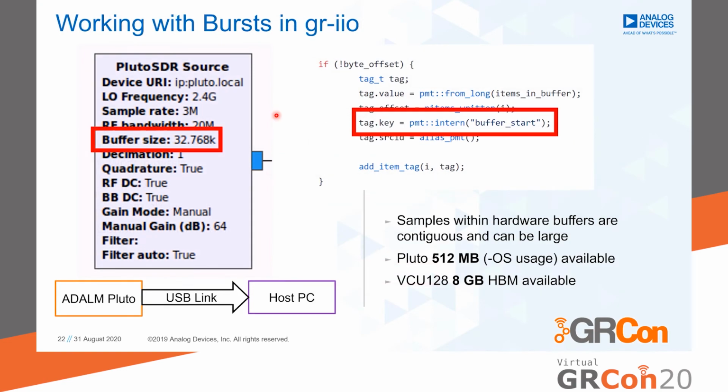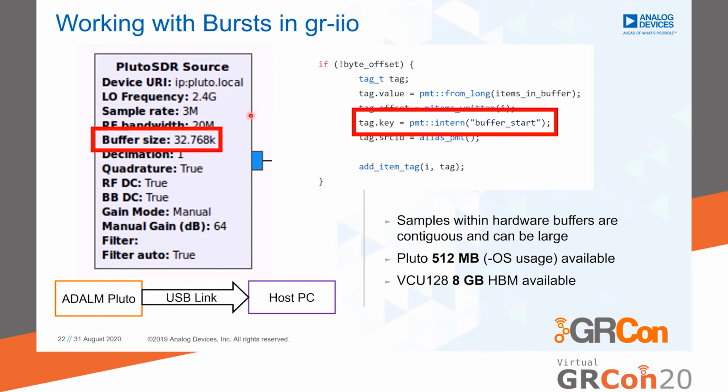But let's talk a little bit about how you might approach dealing with bursts or collecting large swaths of data, and we'll do this from the perspective of GRIO. If you look at the block masks of a block like Pluto SDR Source, FMComms Source, or the generic IIO Source blocks, you'll see a parameter called buffer size. What this does is define how big buffers in the hardware will be.